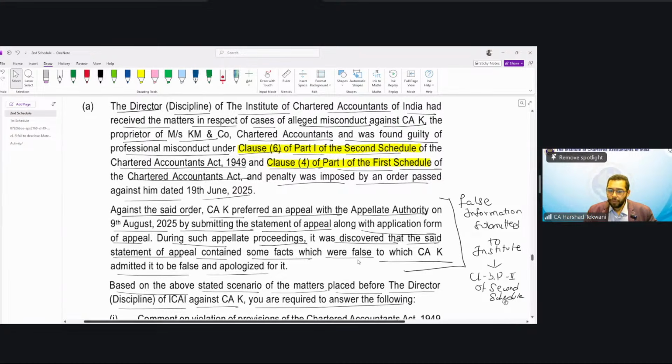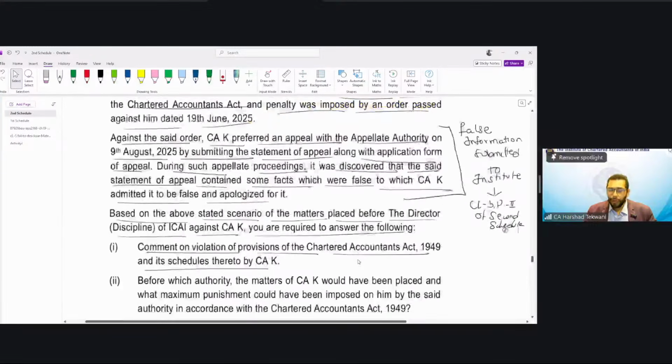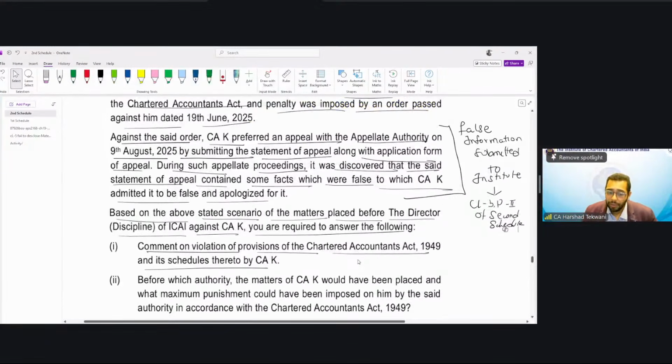Clear? So when you have to comment on the violations of the provisions of the Chartered Accountants Act and schedules, you will comment on what has gone wrong as per Clause 3, provide the analysis and then the conclusion.